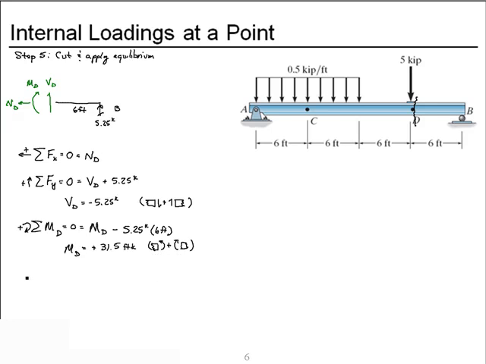Now step 6. We'll check our results with the limits. So we said the shear at D had to be greater than 0, and that's the magnitude of the shear at D, but less than 11 kips, which it is.